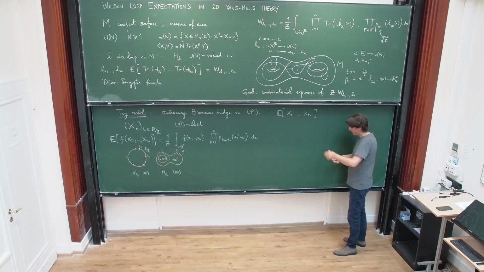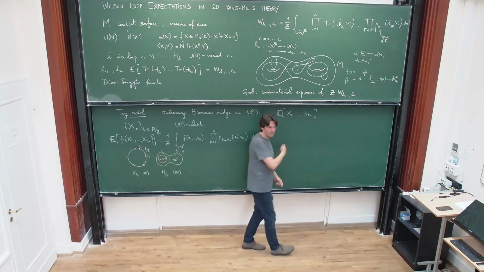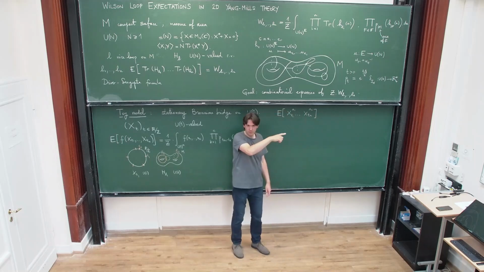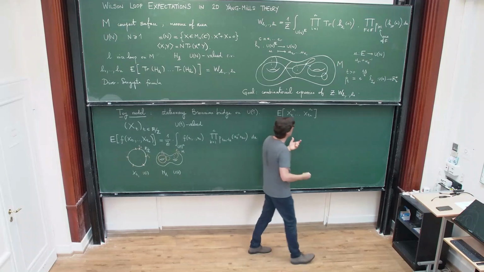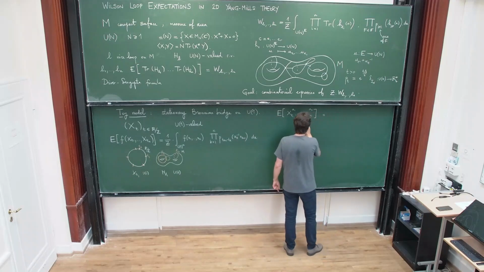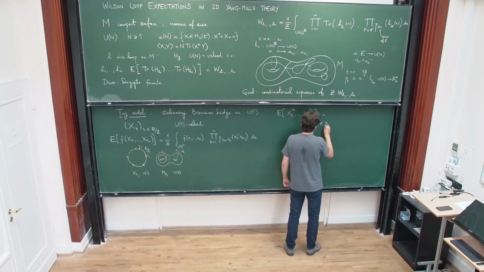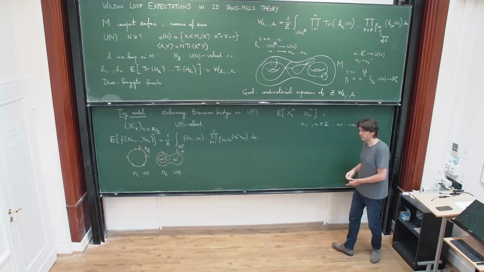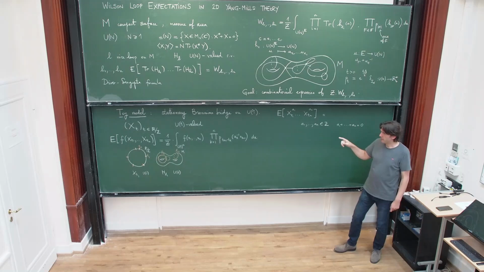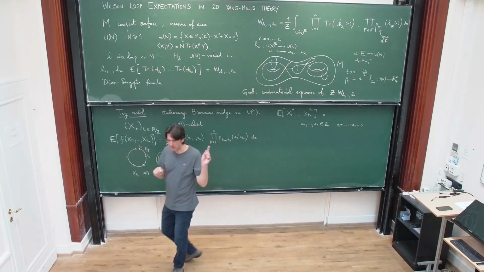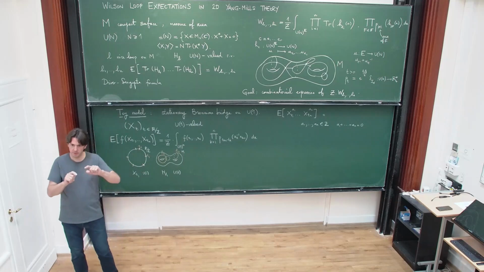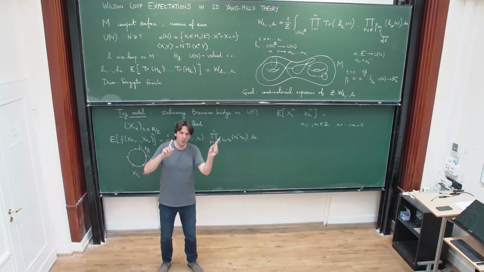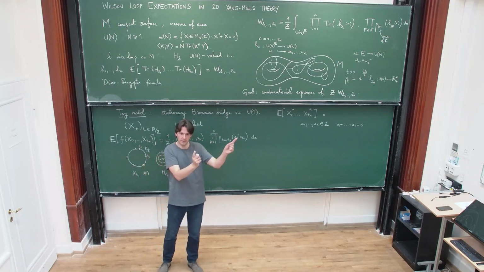So this is 0. If we want something non-zero, we need to put exponents and make sure that these exponents add to 0. This is the only case where we will find something possibly non-zero. But this relates to this two-point story, because having exponents with sum 0 means that you can describe them as a sum of 1 here and minus 1 there, and 1 here and minus 1 there, and so on.